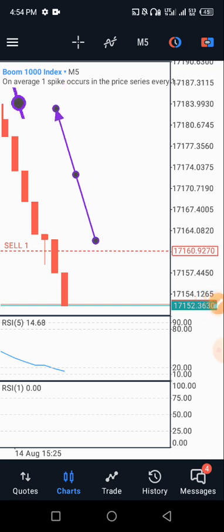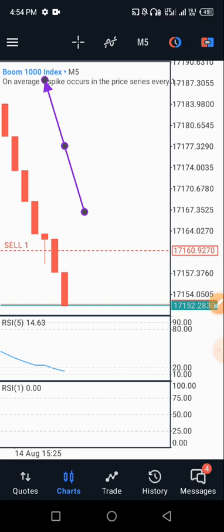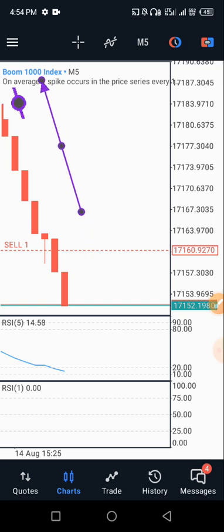So that is why we are making use of this strategy on boom 1000, and you can also make use of it on crash 1000 because the market doesn't get to spike.